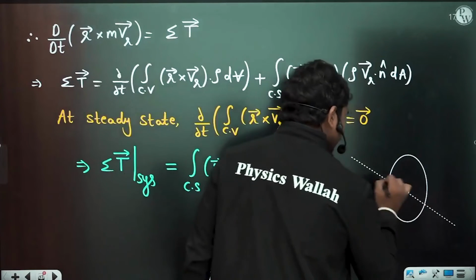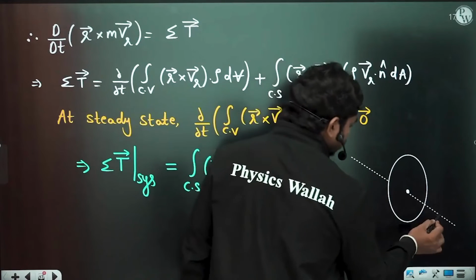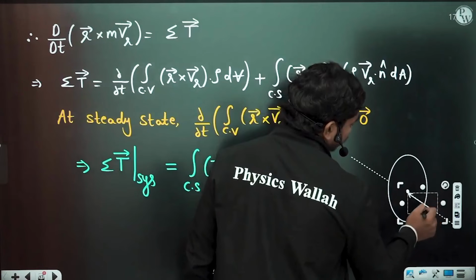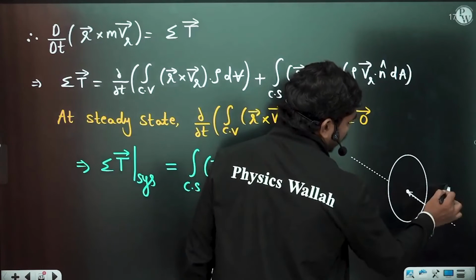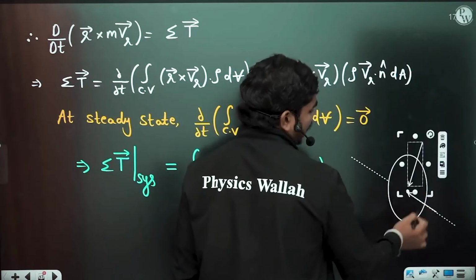Now try to understand something. You have applied some radial force along the disc, along the center of the disc. You have applied some axial force along the axis of the disc.